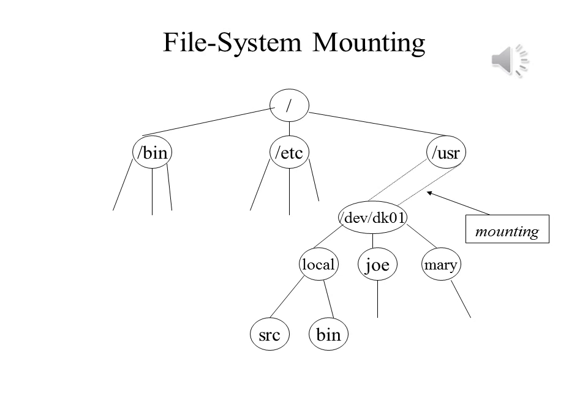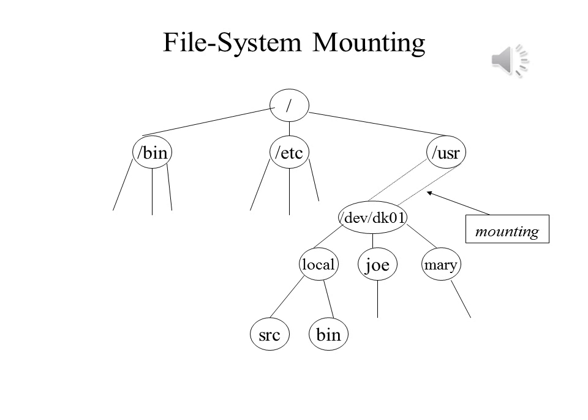These separate file systems may be on different partitions of the same hard drive, or even different hard drives. Now, you'll notice here, in the case of /usr, that we have a separate file system /dev/dk01. This device has 3 directories under it: local, Joe, and Mary. Local has 2 subdirectories of its own, and so on.